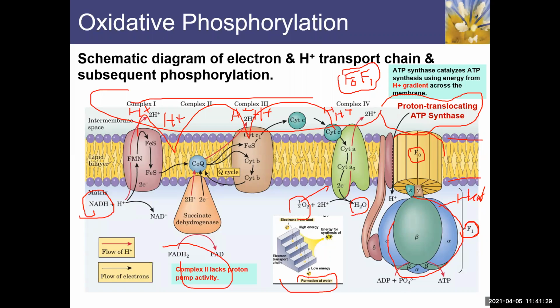Now this F1 has different subunits as alpha, beta. You know what the subunits are now, right? After knowing the quaternary structure of proteins, we don't need to explain the alpha, beta. They're all subunits of this protein.